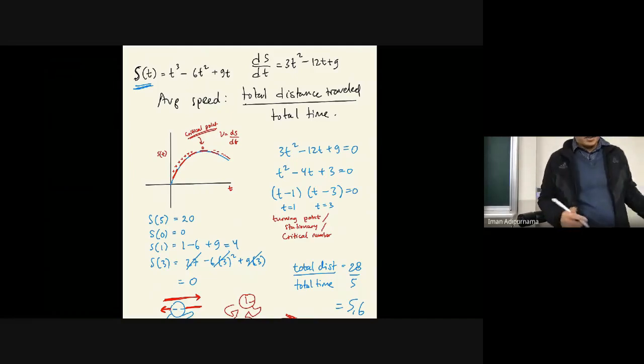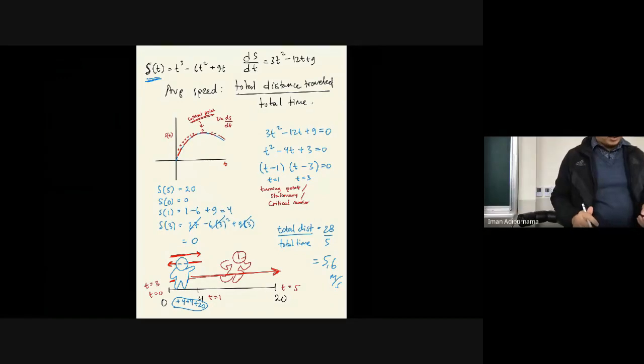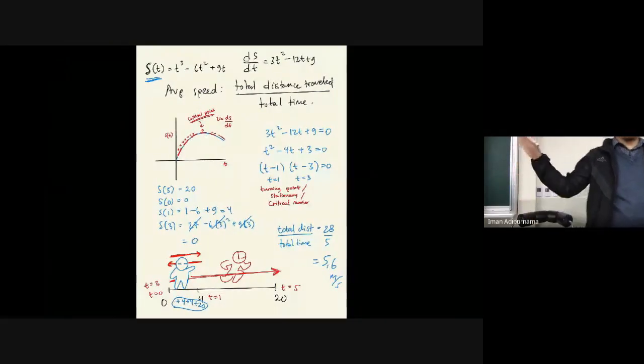Now let's move on. Let's start our chapter 4. Chapter 3 ends with the linear approximations.